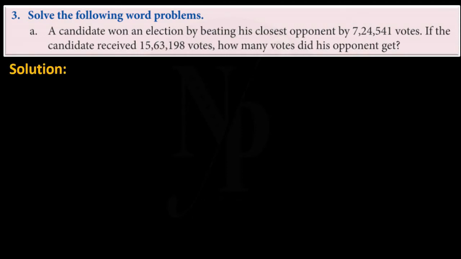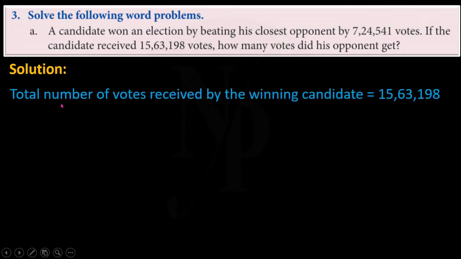Solution. First let us write down the given data in the question appropriately. The total number of votes received by the winning candidate is equal to 15,63,198, which is given in the question here.